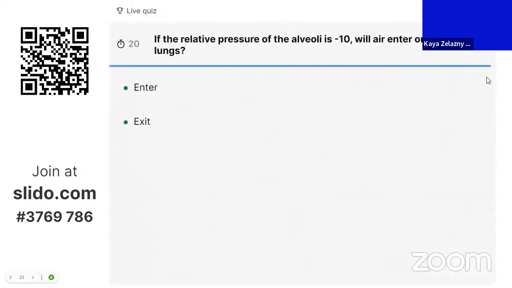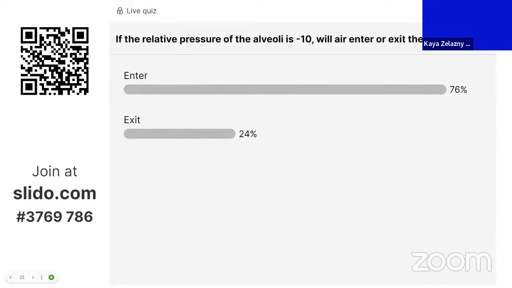So let's do this how we would like to do it, in relative pressures now. Say we have a relative pressure in the alveoli of -10. Do you breathe in or out? So for relative pressures, we've set atmospheric pressure to 0.